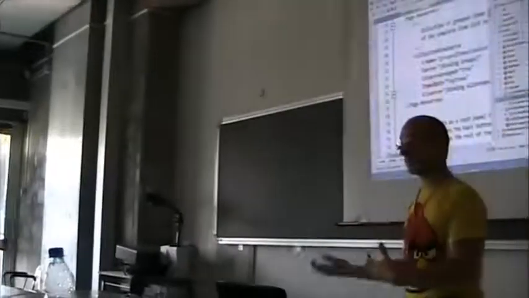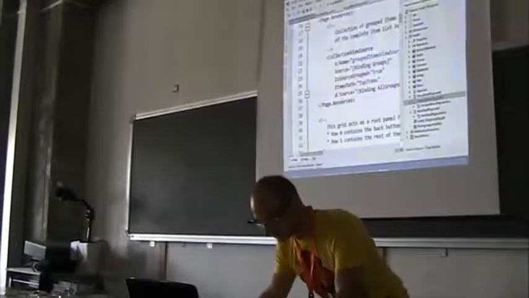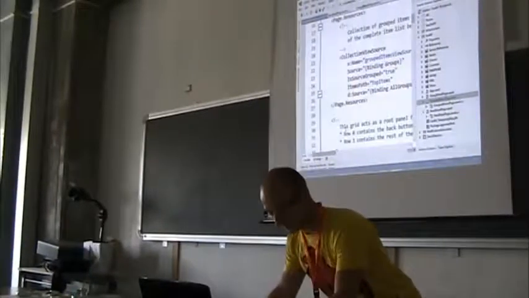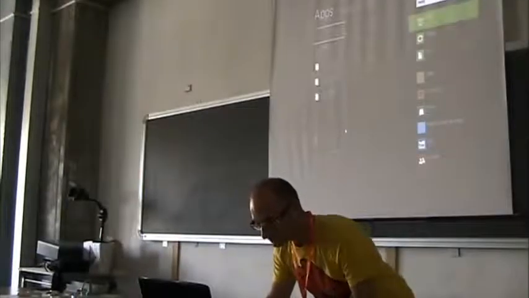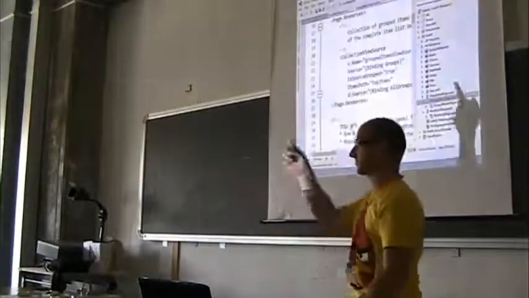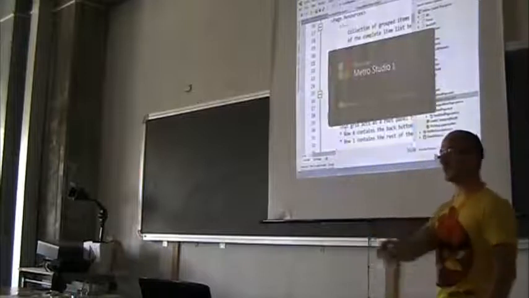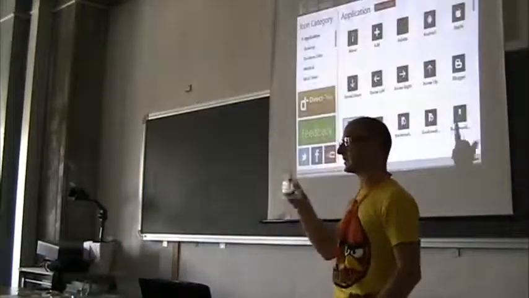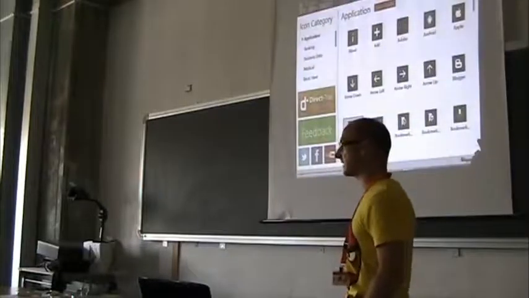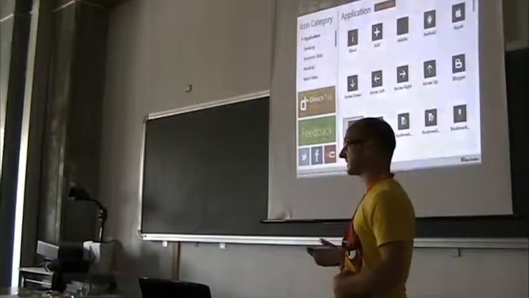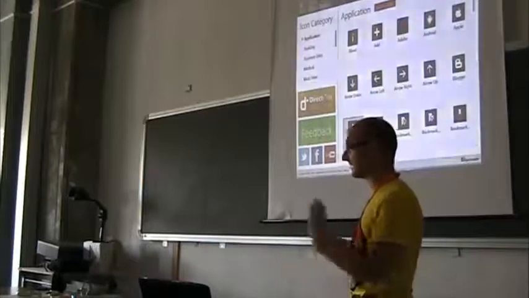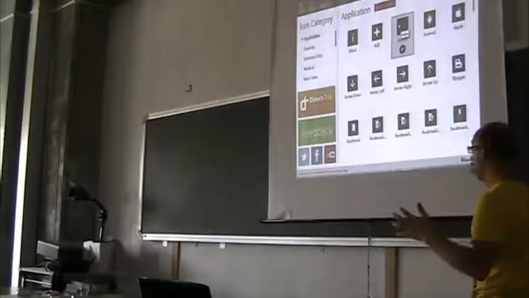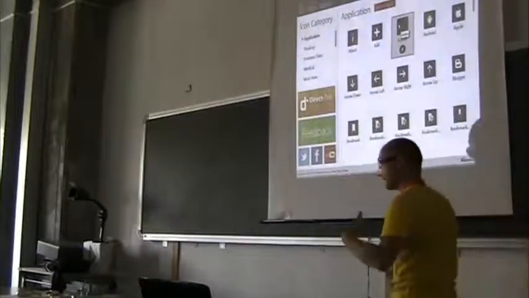I borrowed them from a program which is Metro Studio. Those guys are really cool, and probably you can get Metro Studio for free these days, because it's still in beta, so you can have it. And I have all the icons I need, really all the icons I need. I didn't make them.